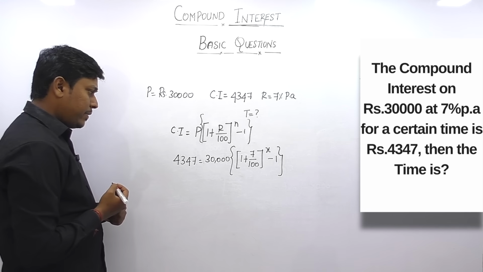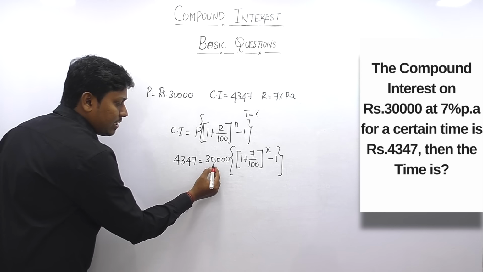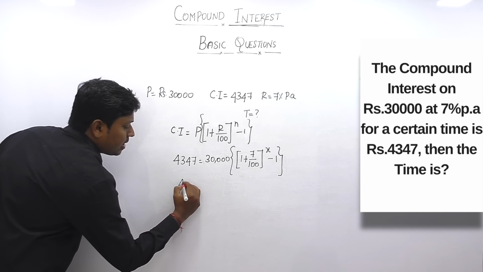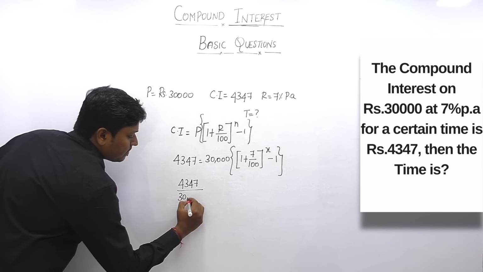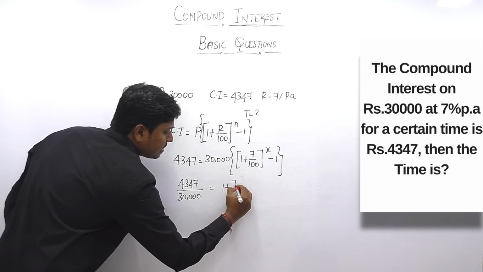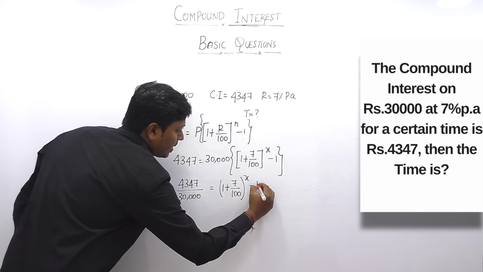Next step is, let me do one thing. We can bring this 30,000 towards left hand side. So when you bring this 30,000 towards left hand side, it goes to the denominator, right? So this can be written as 4347 divided by 30,000 is equal to, the remaining will be (1 plus 7 by 100) power x minus 1.